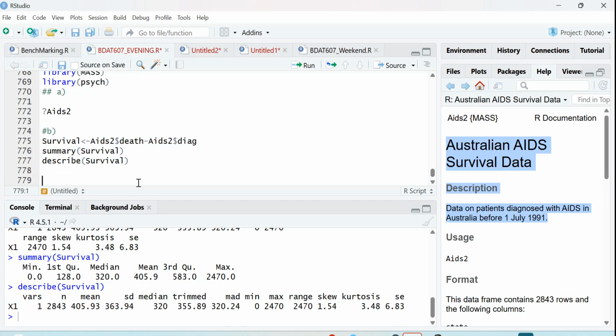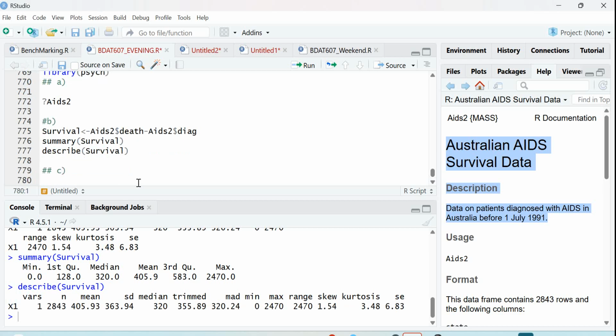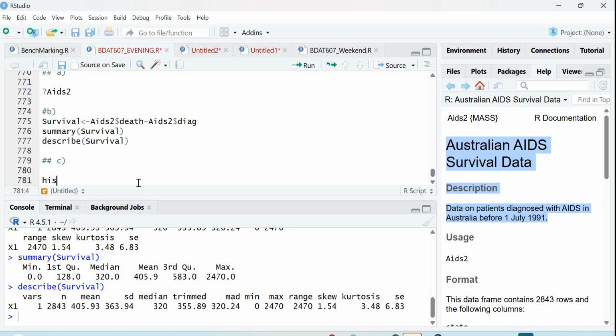So let's look at the C. Someone said histogram, so let's use hist.